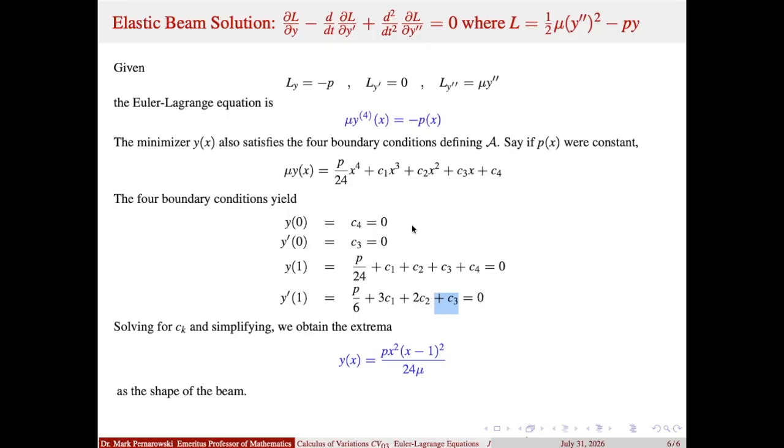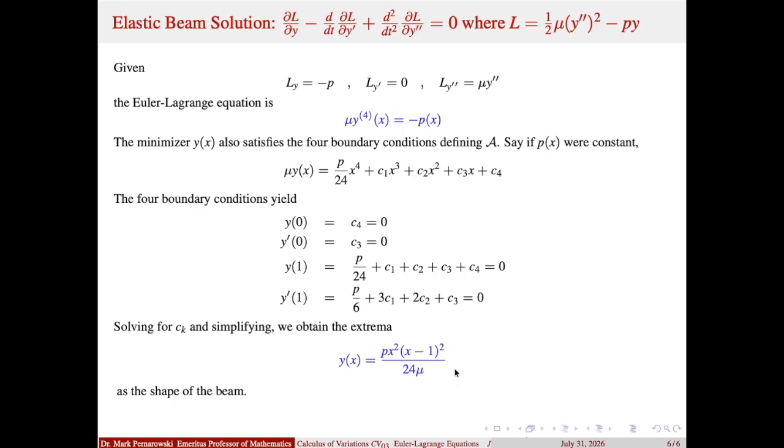Once I find out what C1 and C2 are, I put them back in here, here, and here, and then noting that this term is gone because C3 and C4 are 0, I've got an expression in powers of x, and I just do a little bit of simplification, and I discover that the y of x that satisfies this Euler-Lagrange equation with the 4 boundary conditions must be the following thing that I'm highlighting at the bottom.